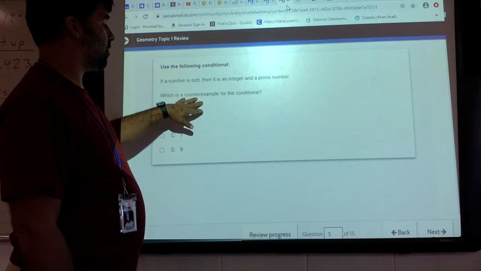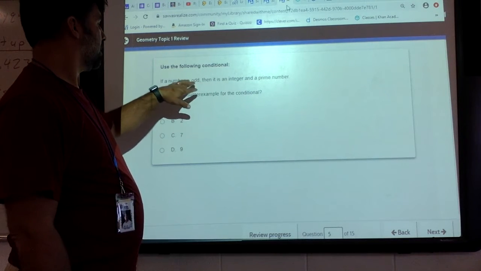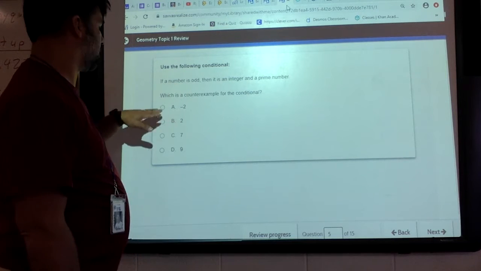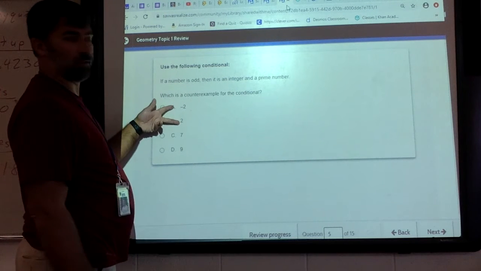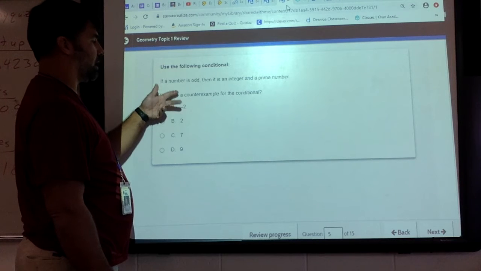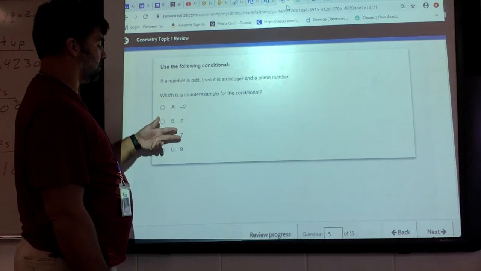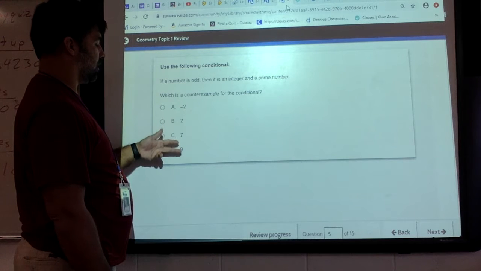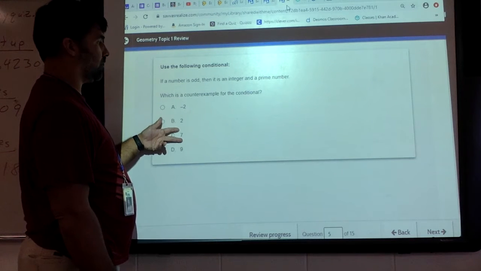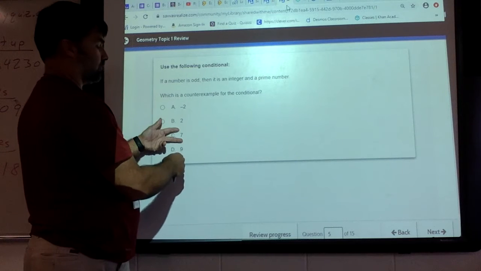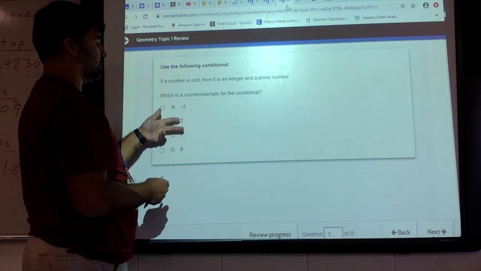But a counterexample would be a number that is odd but is not an integer and a prime number. Well, 2 is not odd, so that cannot be a counterexample because it doesn't fit the statement. 7 is odd. 9 is odd. Now, is 7 prime? Yes, it is.